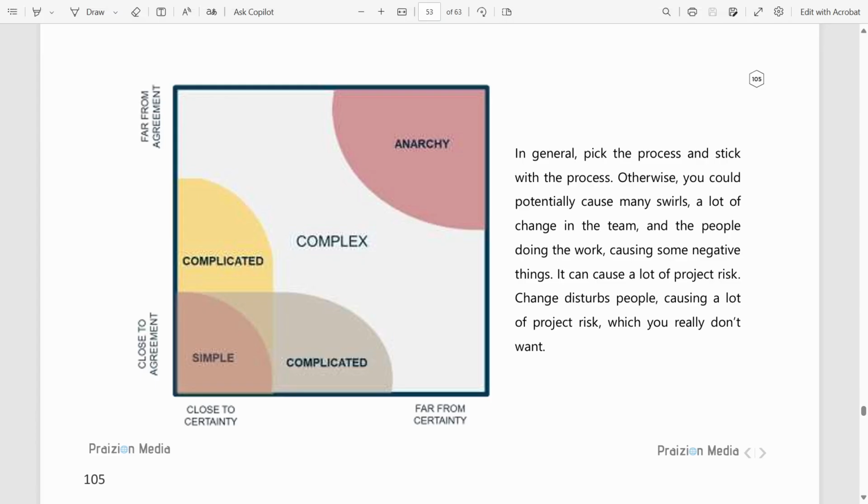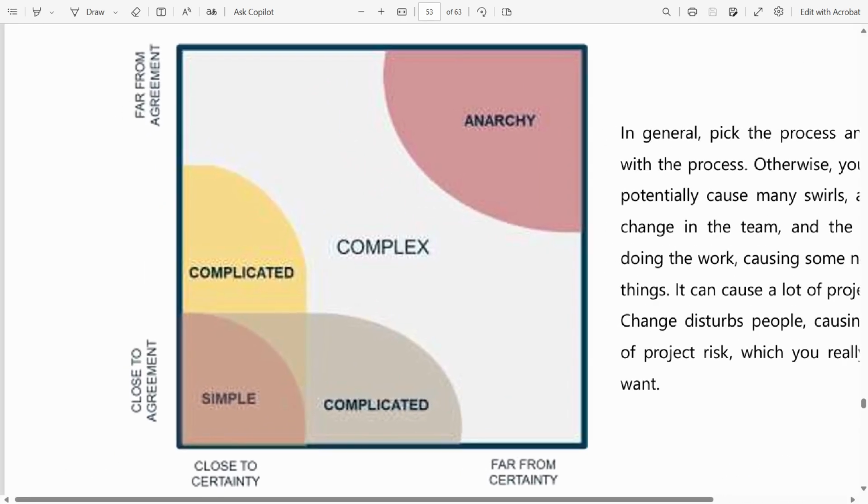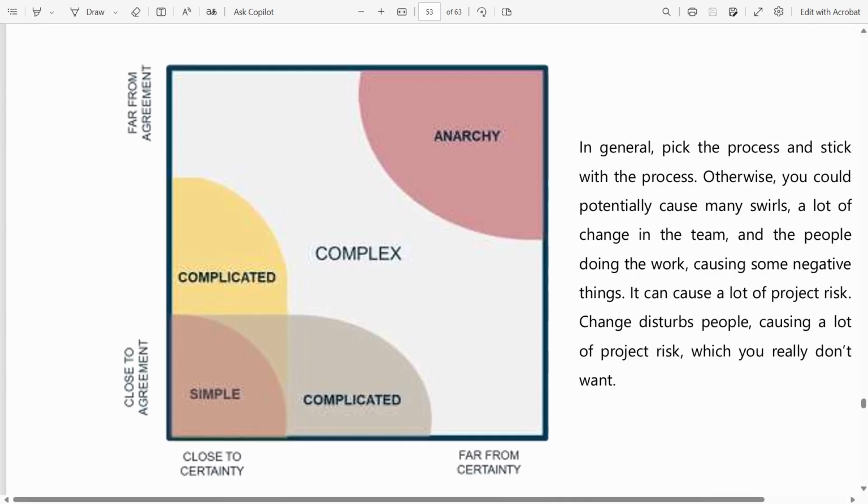The idea here is to understand if you are in a place of anarchy, don't leave things in the anarchy zone. Bring them down into the realm of at least complex by breaking them down into smaller iterative chunks. In other words, you need to go from here, bring things down to here.